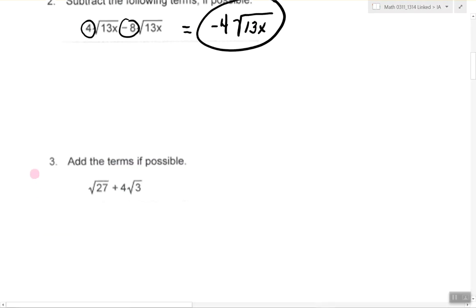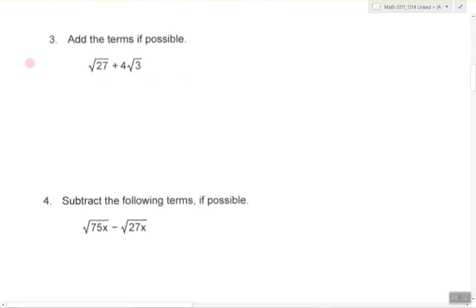Now things begin, of course, to get a little more advanced in the problems to come. Off to the side, I'm going to do a little work and then I'll put it under here. Right now, as you look at problem number 3, these are not like radicals and therefore cannot be added. But there is a possibility that you can do some simplifying.